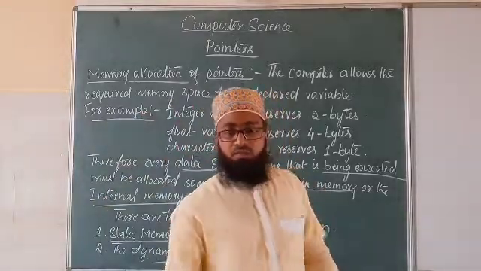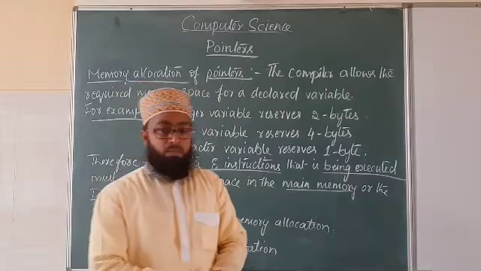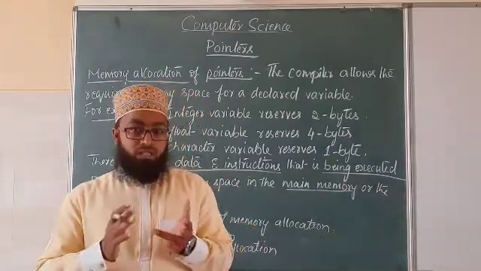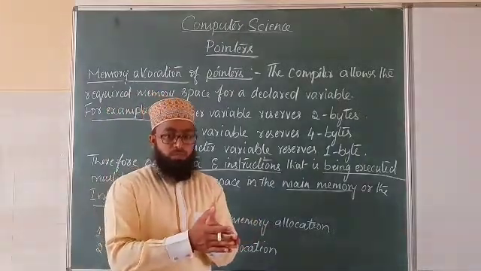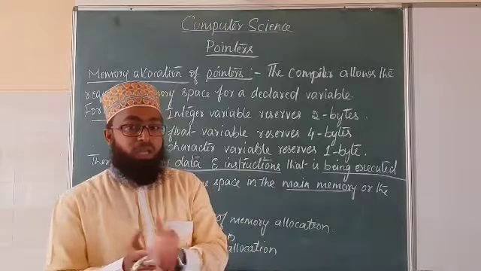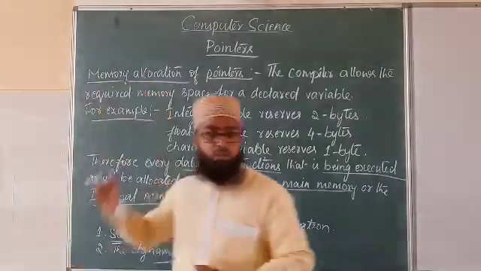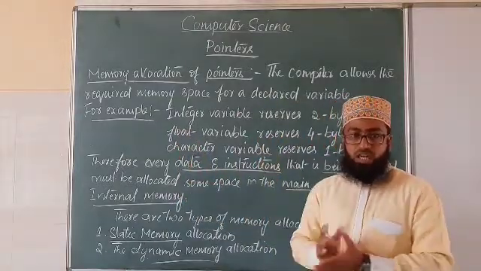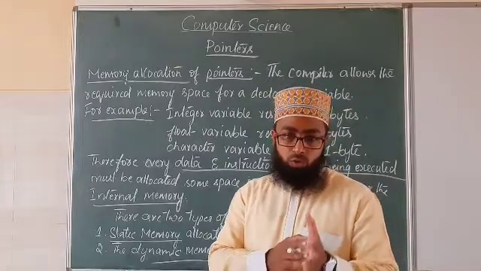So what have we understood by this? Just like arrays, strings, characters and the other things, how they reserve memory and how memory allocation can be done, in the same way in pointers also memory can be allocated, and it has different types of memory allocation.